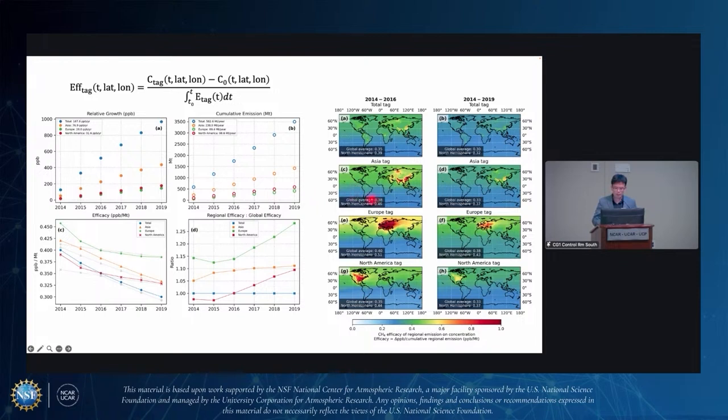The third one is the European emission, and the last one is the efficacy of the North American methane. We noticed that the European emission has the highest efficacy, and also the regions nearby the sources are under the greatest impact. Also, we noticed that the European emission has a greater impact over the North Pole regions.